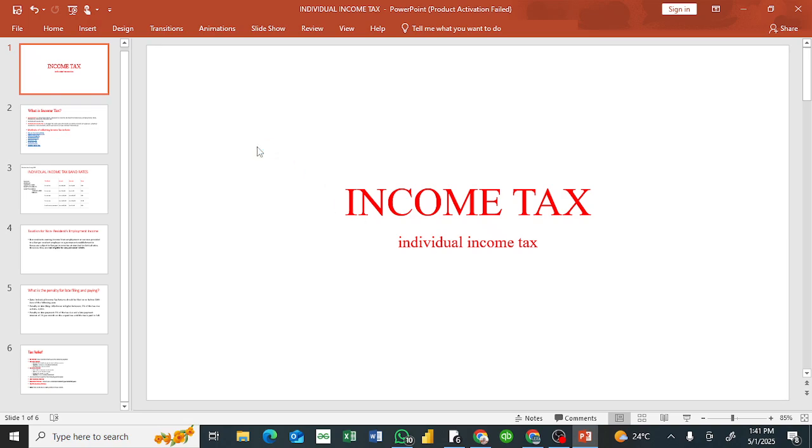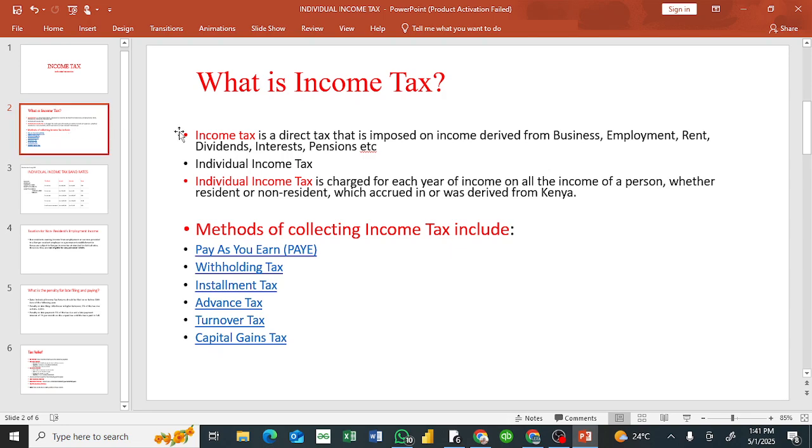First, let us define the meaning of income tax. Income tax refers to a direct tax that is imposed on incomes derived from business, employment, rent, dividends, pension, or interest.